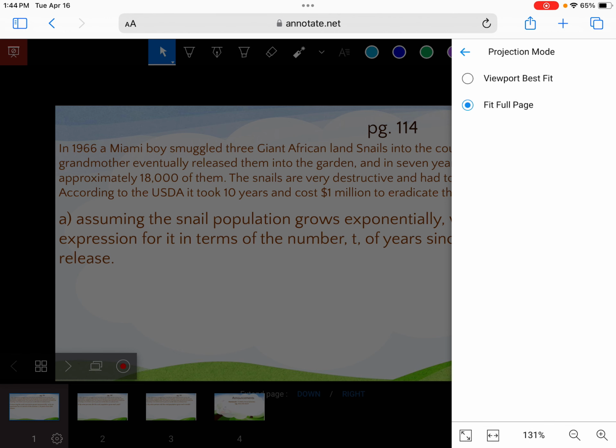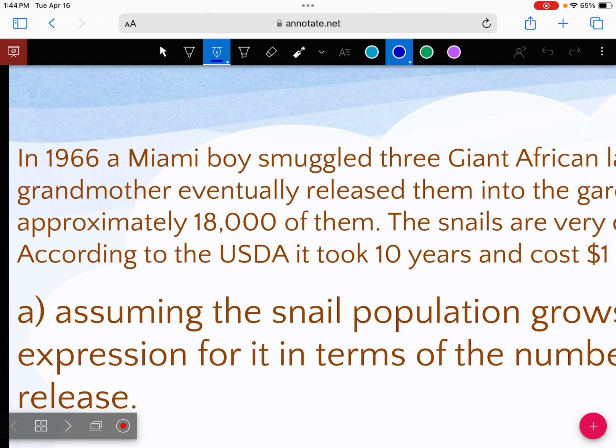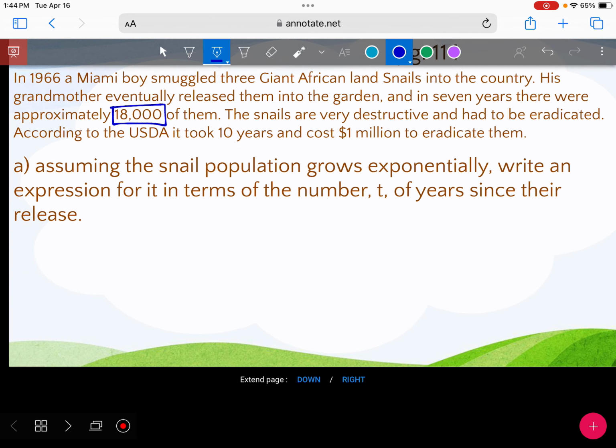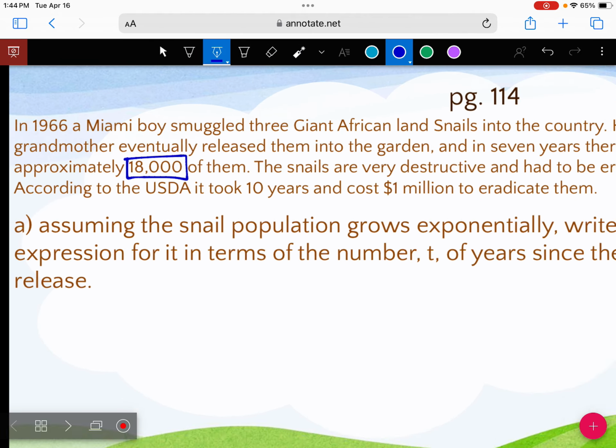So, what do we notice? In the end, there's 18,000. So we know at some point we have a total of 18,000, right? In 7 years.